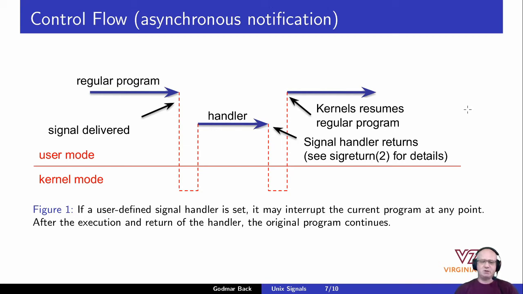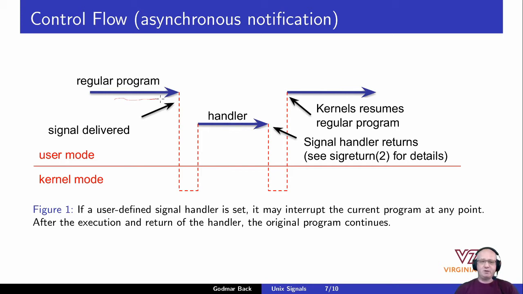Asynchronously here means that the regular program does something, and this external signal, a child terminating, or the alarm going off, or the user typing kill or Control-C, can really happen at any point in time.